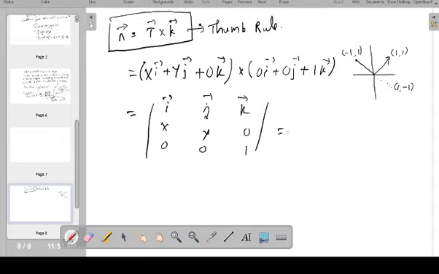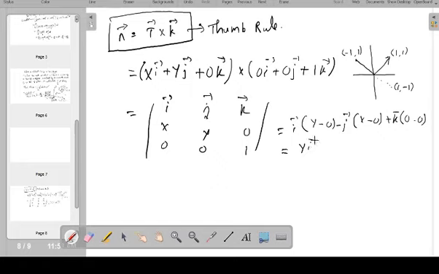This is precisely vector i into y minus 0, minus vector j into x minus 0, plus vector k into 0 minus 0. So what is this? It is yi minus xj.